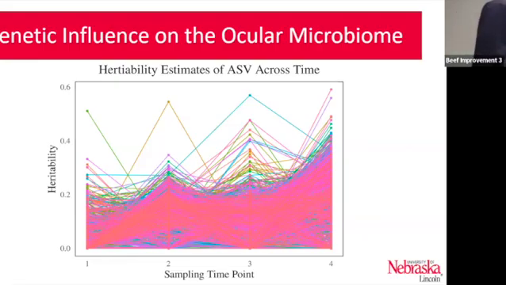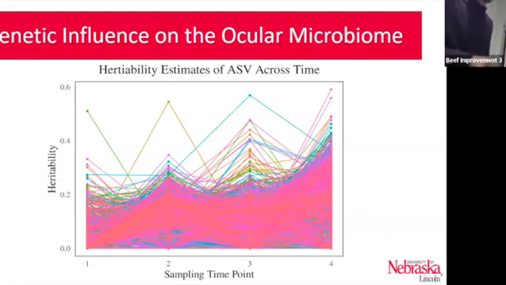Okay. So what you can see is this kind of zigzag pattern where if it was not heritable at time point 1, it is at 2, not at 3, and then has a non-zero heritability estimate at time point 4, and vice versa, right?